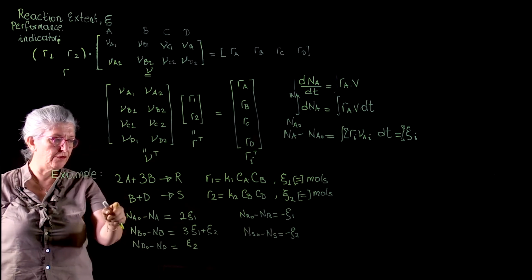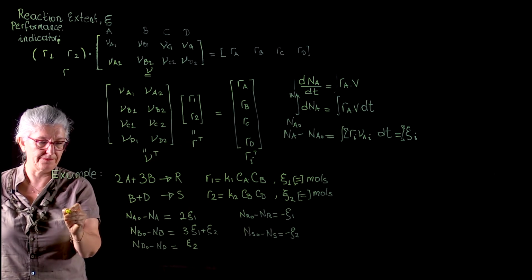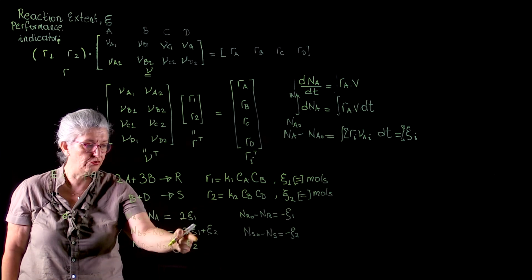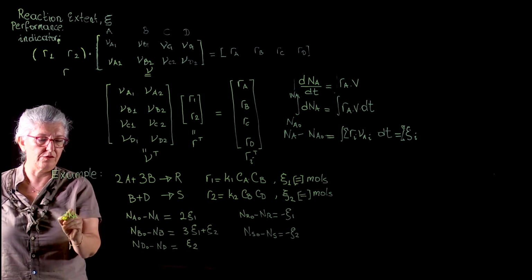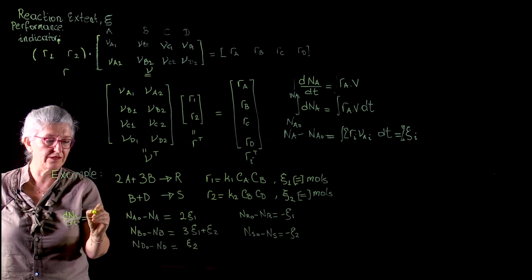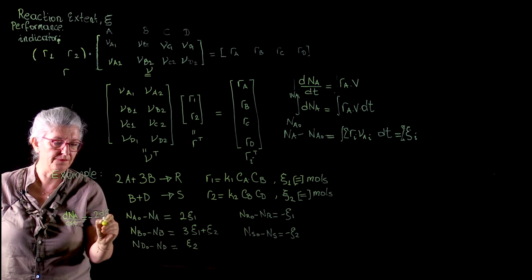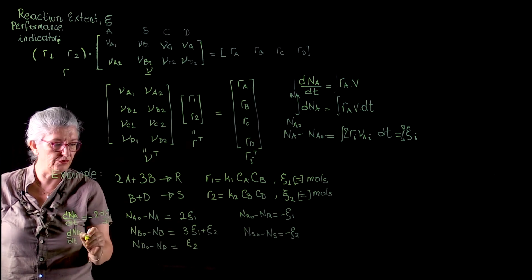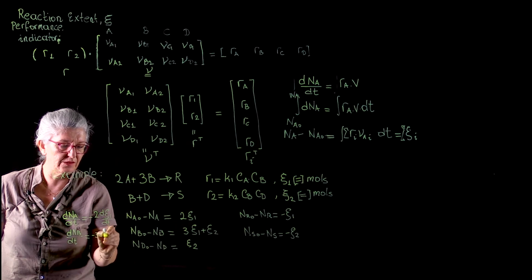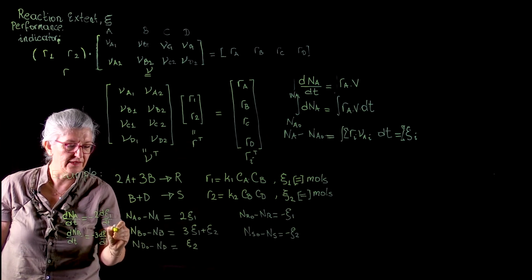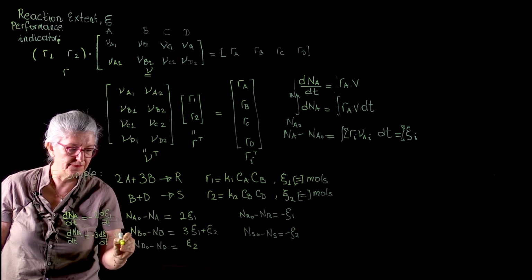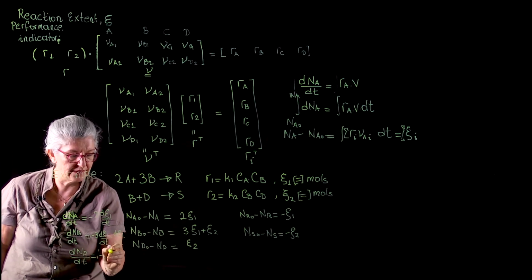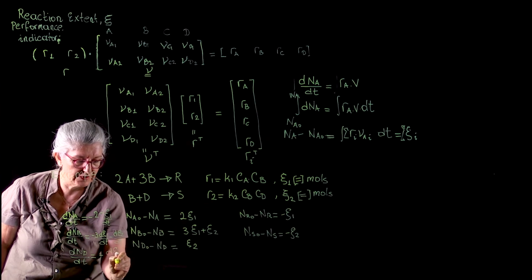Now let's take the derivative of each and every one of those to express all of the species number of moles in terms of only two parameters. dNA over dt will be equal to minus 2 d psi 1 over dt. dNB over dt will be equal to minus 3 d psi 1 over dt minus d psi 2 over dt. dND over dt will be minus d psi 2 over dt.